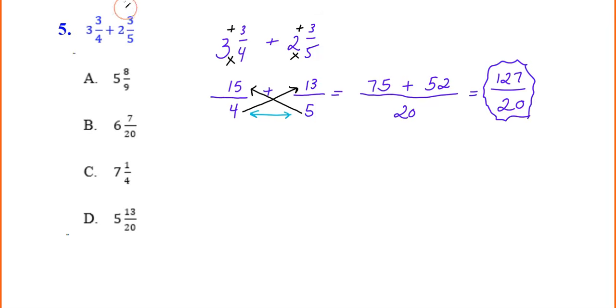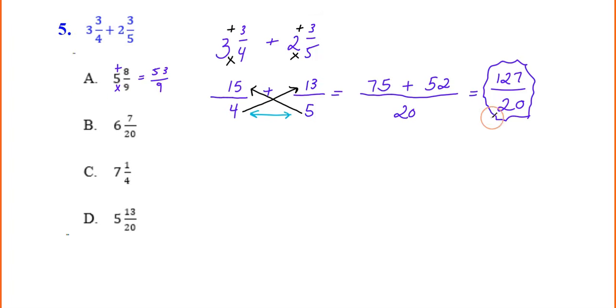So let's start with A. We'll change this improper fraction to a mixed fraction, multiply and add. Let's see, 9 times 5 is 45, plus 8 is 53, and on the bottom is 9.